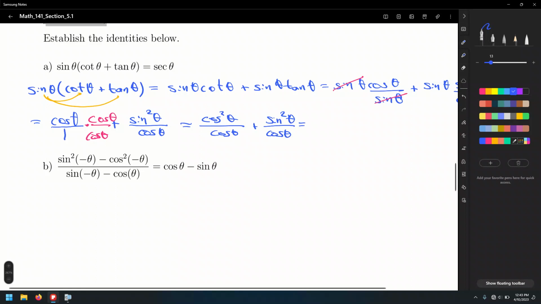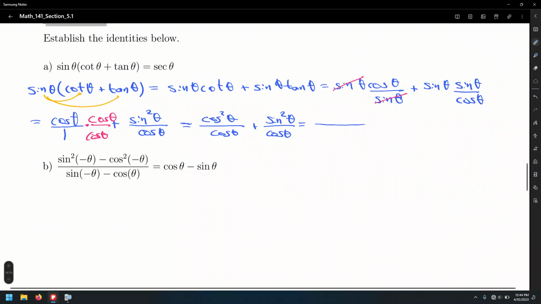And that equals, combining fractions together and writing it as one single fraction with cosine theta as the new denominator, cosine theta squared plus sine theta squared. And we can simplify the numerator because cosine squared plus sine squared is actually an identity. Let me highlight it.